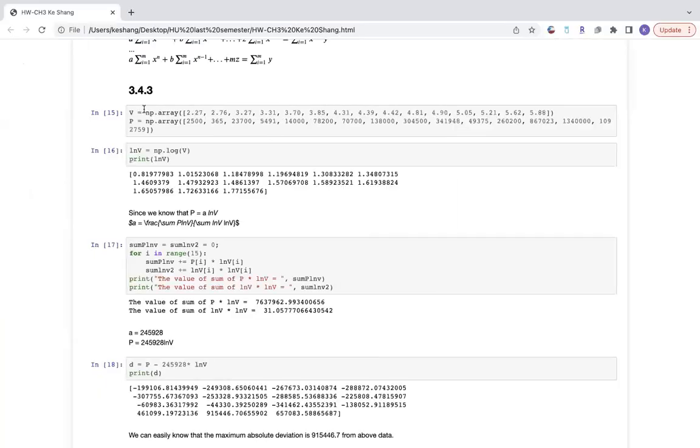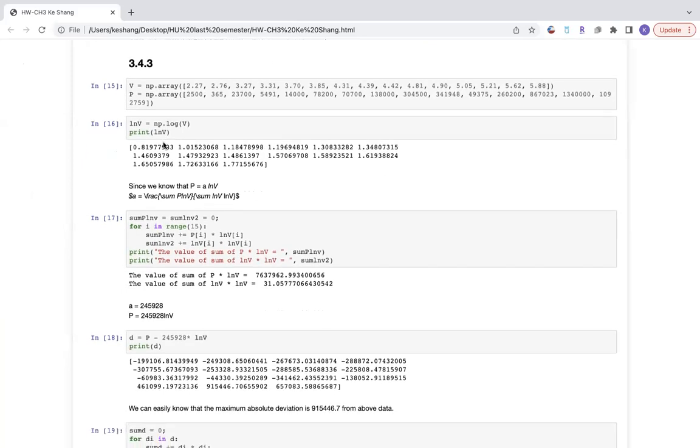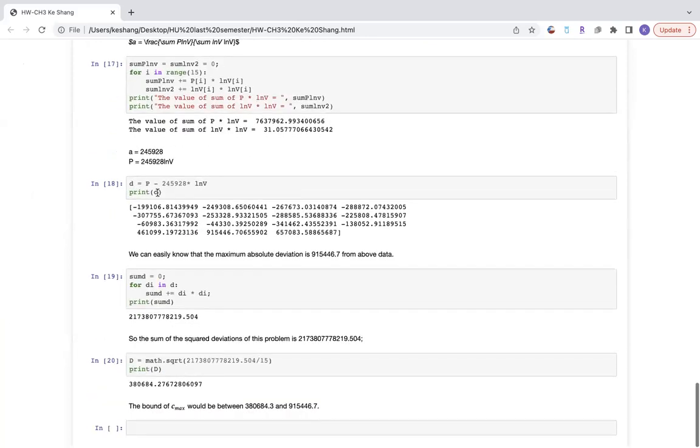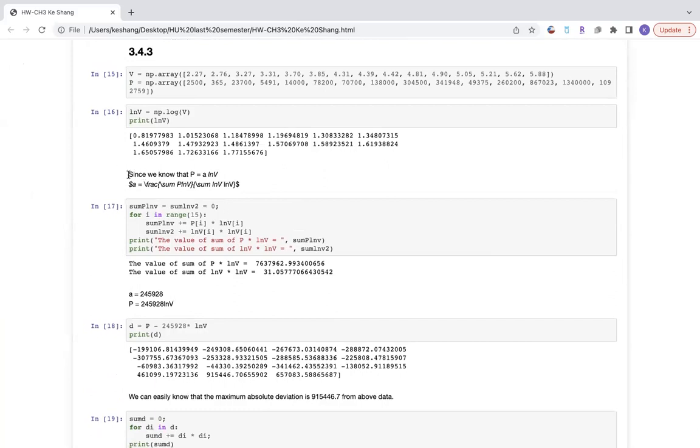So I put this long set of data in two numpy arrays. Oh, what's going on over here? There must be something wrong with the LaTeX. I don't know.